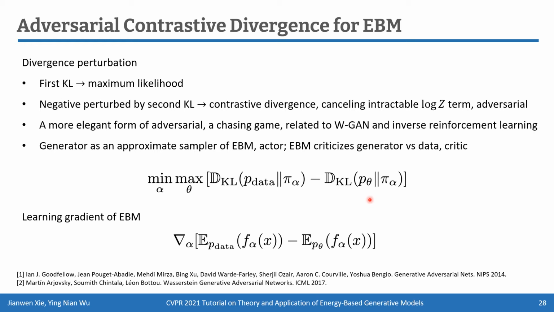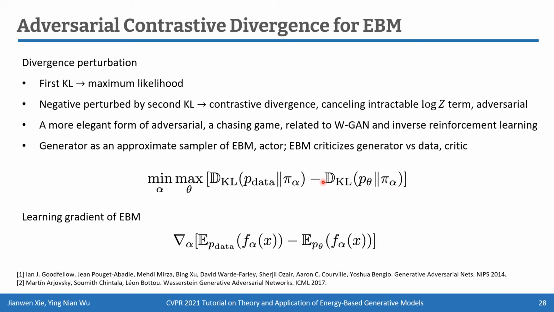And then we define the following adversarial learning, where again we minimize this KL divergence over alpha. So minimizing the first KL divergence leads us to maximum likelihood. And then we subtract the second KL divergence, which serves as a perturbation, and this time a negative perturbation by the second KL divergence.